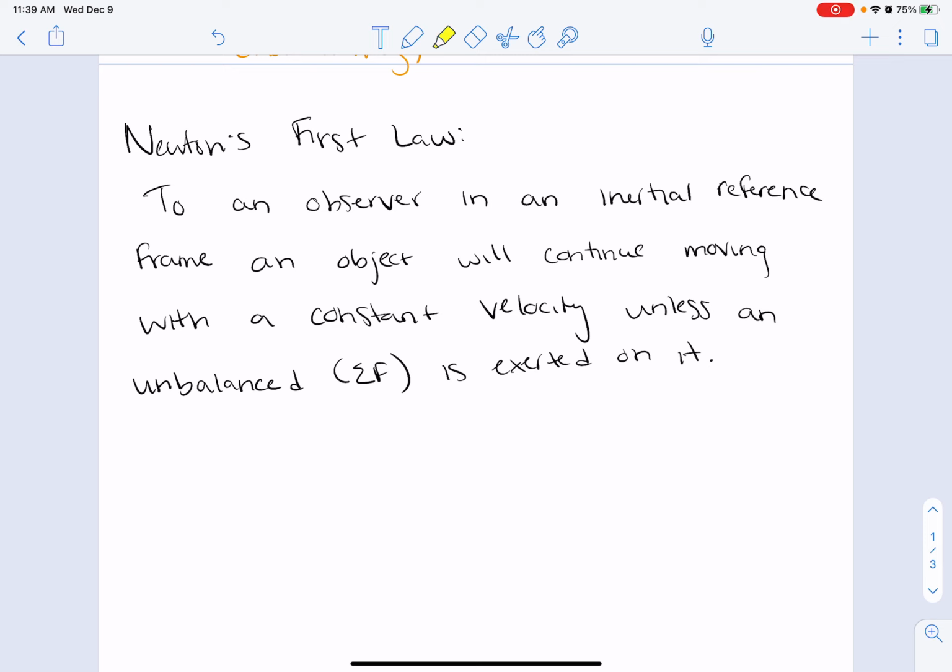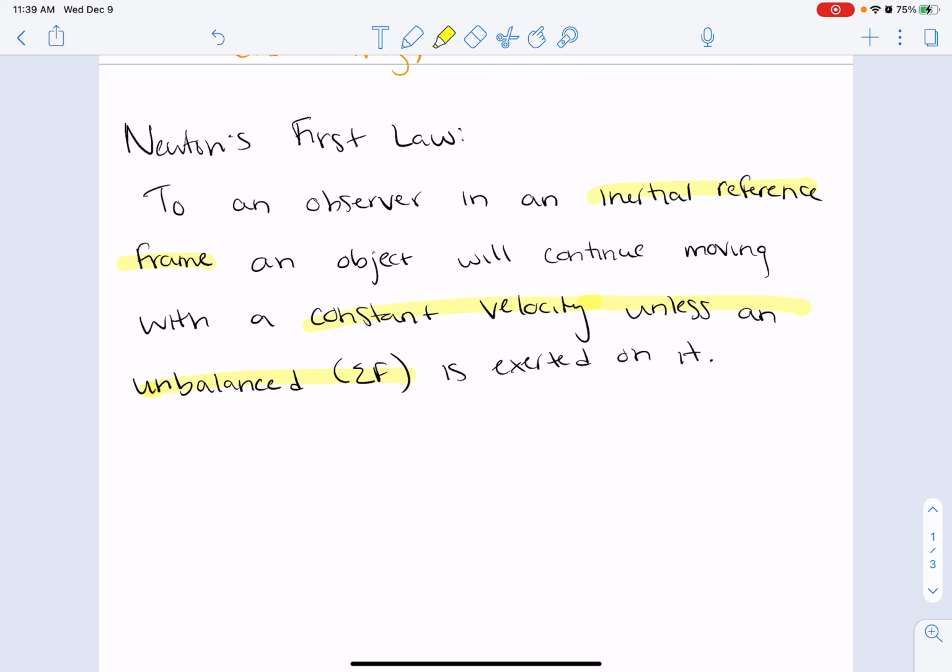So, again, I want to really point out, it's for an observer in an inertial reference frame, right? For an observer in an inertial reference frame only, an object will continue moving at a constant velocity unless an unbalanced force is exerted on it, okay?